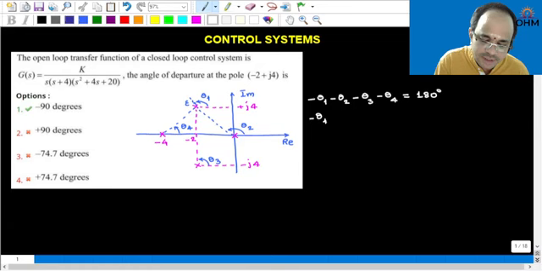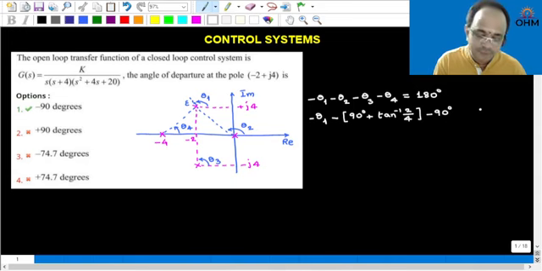So minus theta 1 minus, now I can say this theta 2 is equal to 90 degree plus tan inverse opposite side by adjacent side, that is 2 by 4, minus theta 3 will be 90 degree, hence minus 90, minus tan inverse theta 4 opposite side by adjacent side, that will be 4 by 2, is equal to 180 degree.